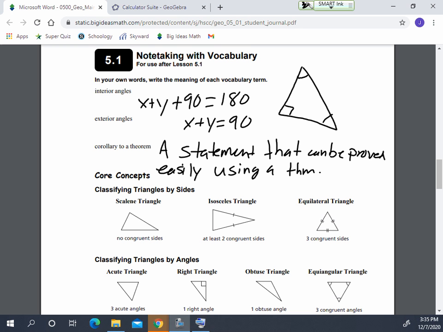Therefore, x plus y is equal to 90 degrees. X plus y are complementary. That'd be a corollary to the triangle sum theorem. We know that x and y are complementary because that is a right triangle. So it's a statement that can be proved easily using a theorem.